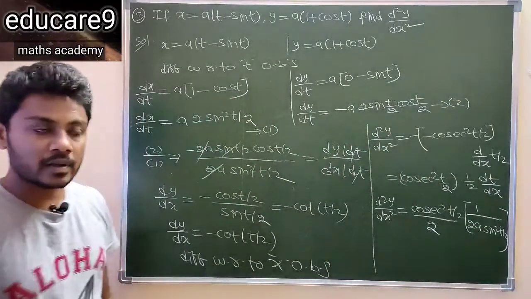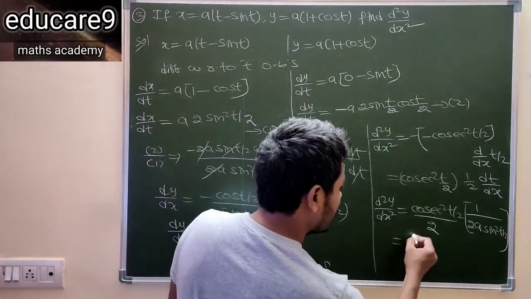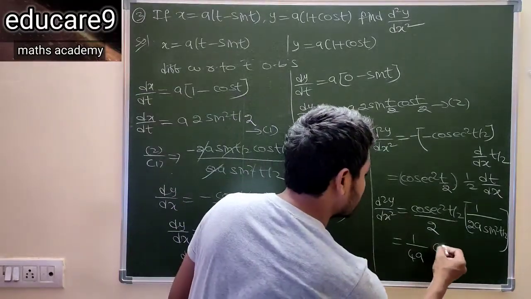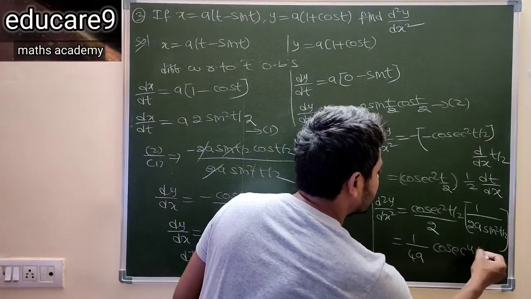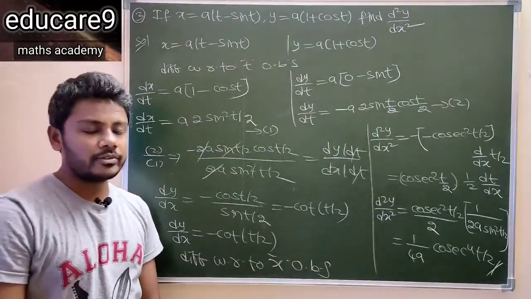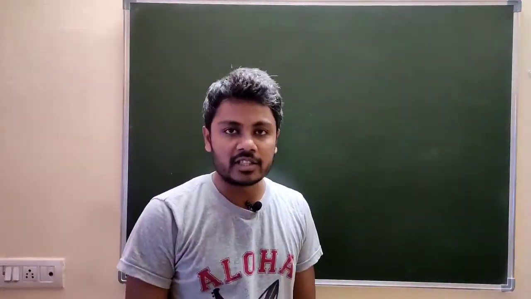So this is 1 by 4a cosec square into cosec square, cosec power 4 t by 2. This is the second derivative of the given function. For the next session, we will discuss a new chapter.